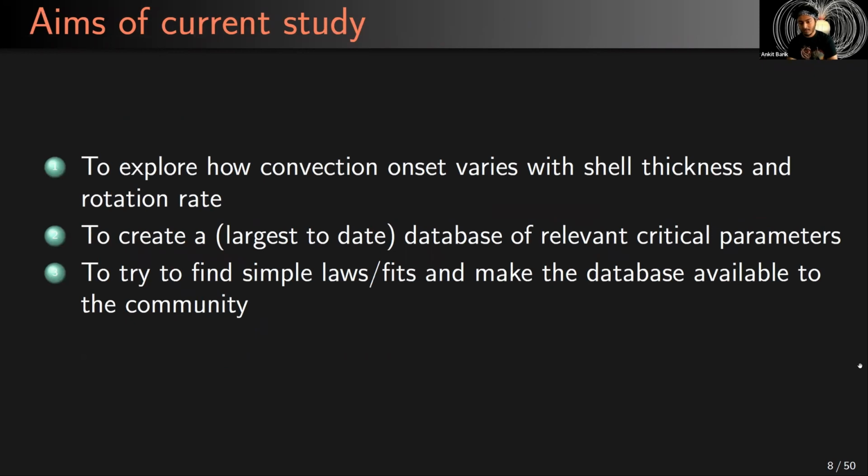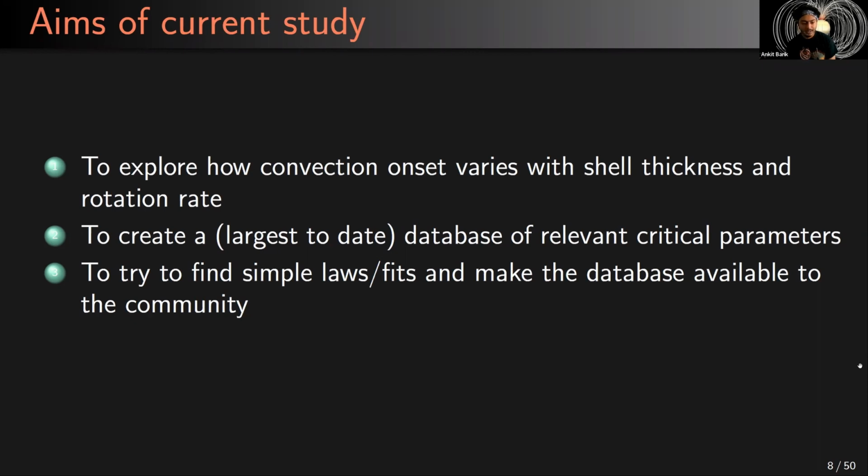And we thought, why not create a general database of critical quantities and make it available to the community? That's the main aim and scope of the study: to look in more of an overview way at how the critical quantities associated with convection onset vary with shell thickness and rotation rate, and to create this huge database of relevant critical parameters and make it available to the community, so they can more or less just look it up instead of having to run actual eigenvalue codes.